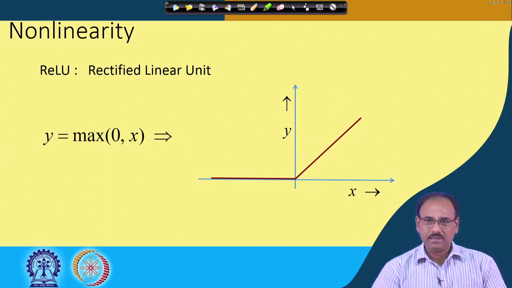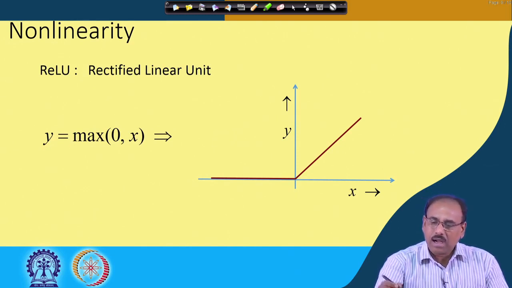So naturally, if x is greater than 0, y gets the value of x, and if x is 0 or less, y will have a value of 0. For all positive x, y and x are the same. For 0 and less, if the value of x is 0 or negative, then y will assume a value of 0.